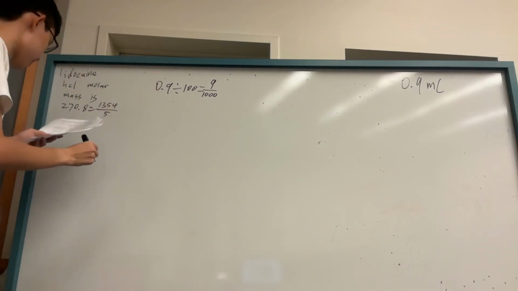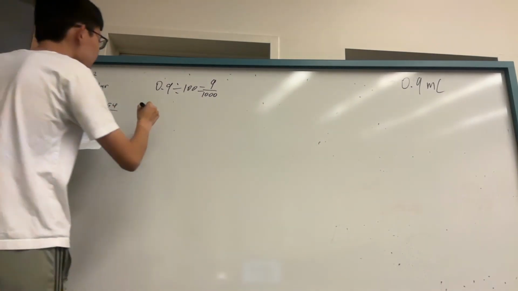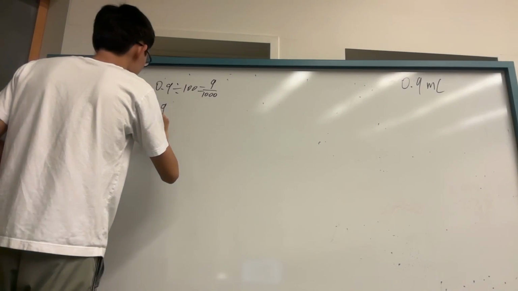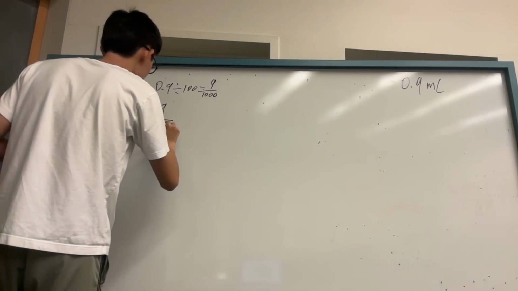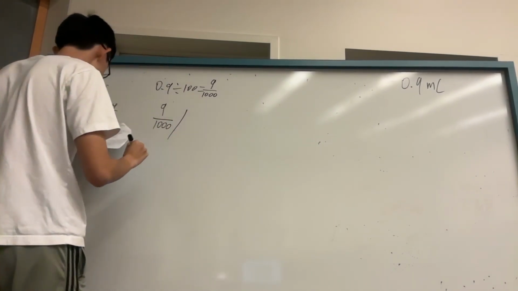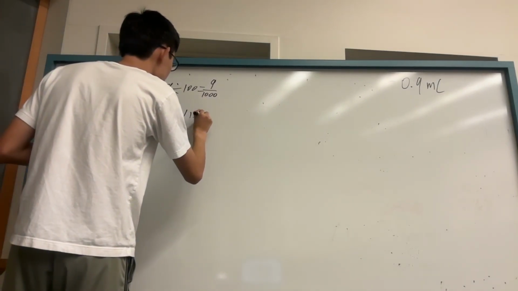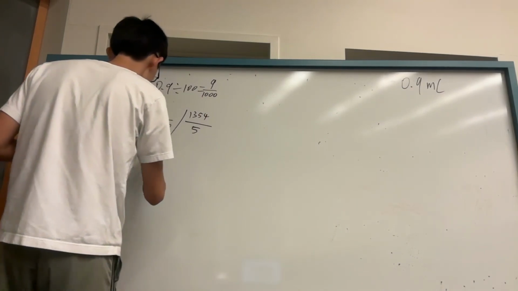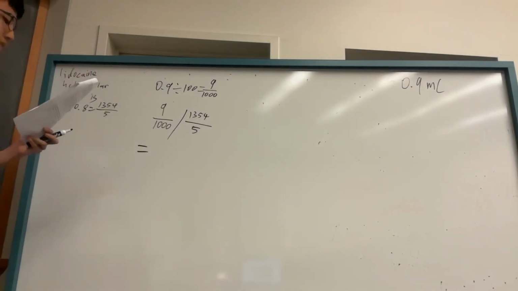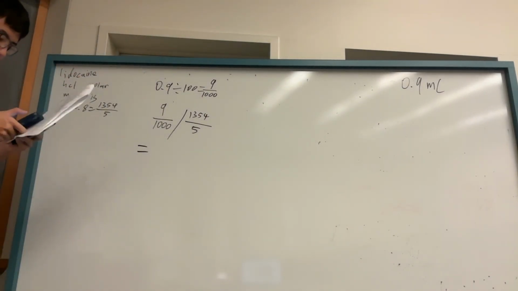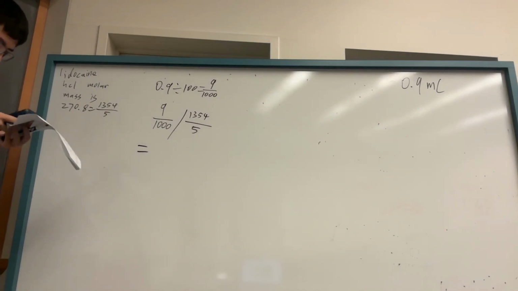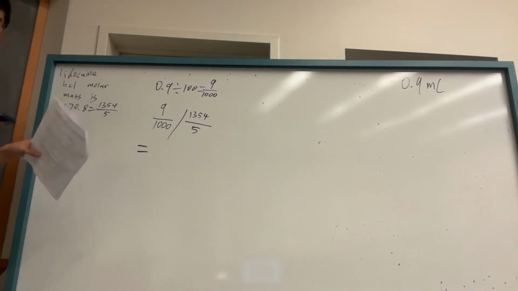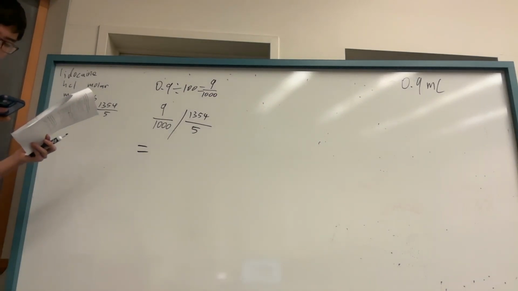So 9 over 1,000 divided by it, this should be very easy here because dividing by a number is the same as multiplying by its reciprocal.